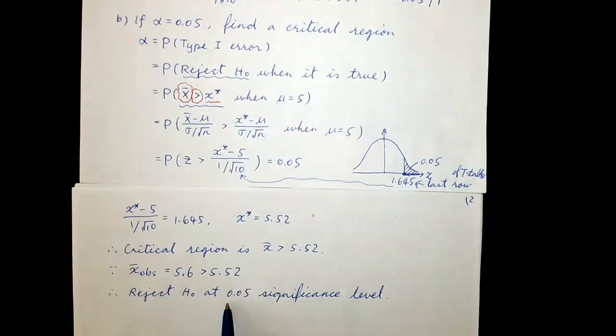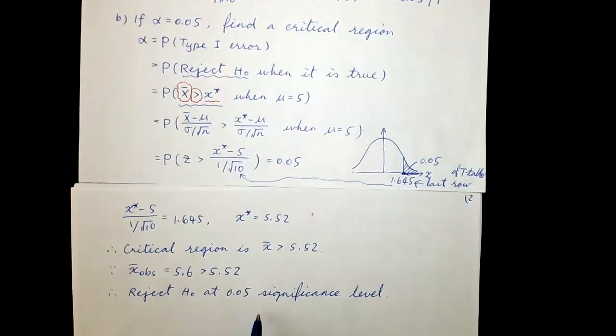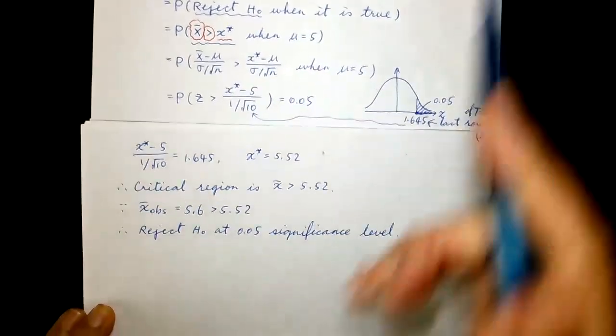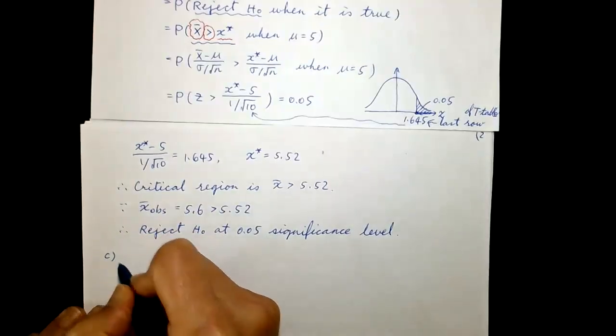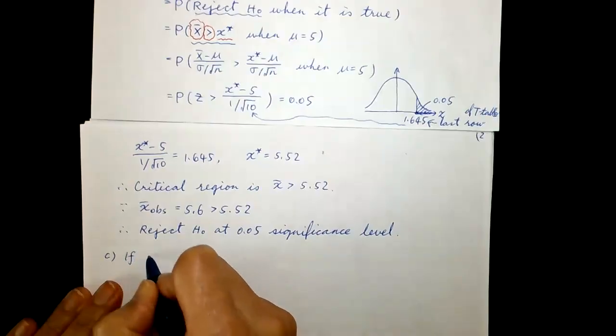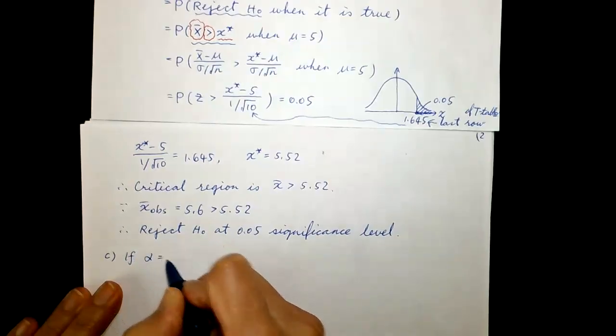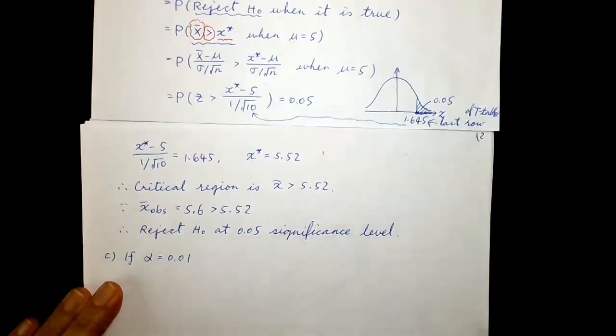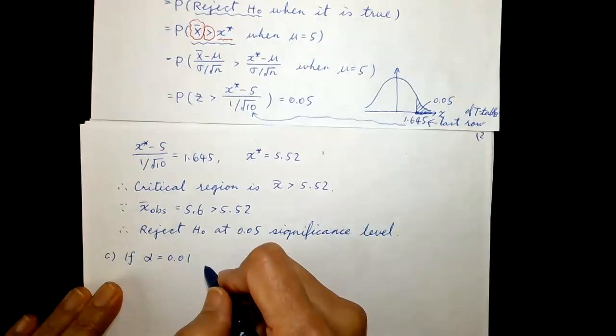In the conclusion part, I mentioned again, we are using 0.05 significance level because in part C, which I'm not going to show in all the detail, we change our alpha. For example, if the customer is a patient with some health issue, and the patient really doesn't want high fat content in lunch boxes, then they make this alpha smaller.